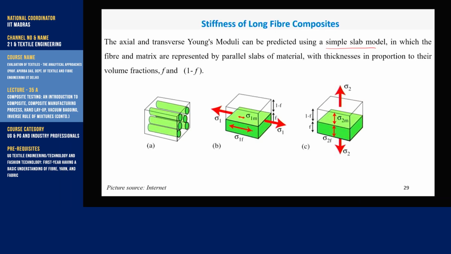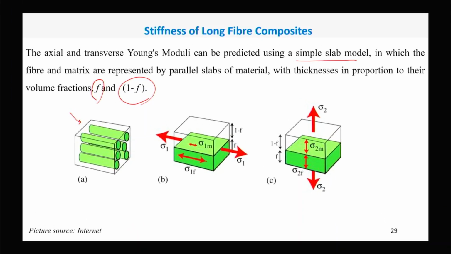Now see, this is the simple slab model where fiber volume fraction is F and matrix volume fraction is 1 minus F. Okay. And here you can see the volume fraction is represented by the proportional thickness.